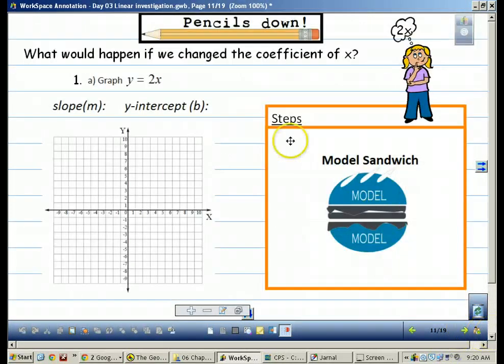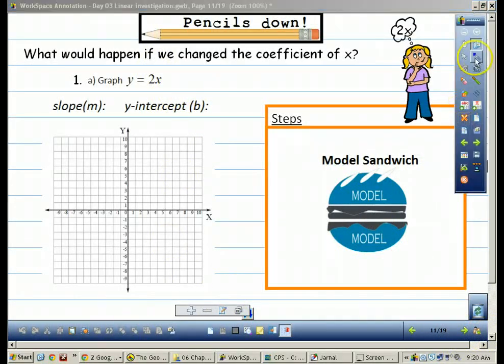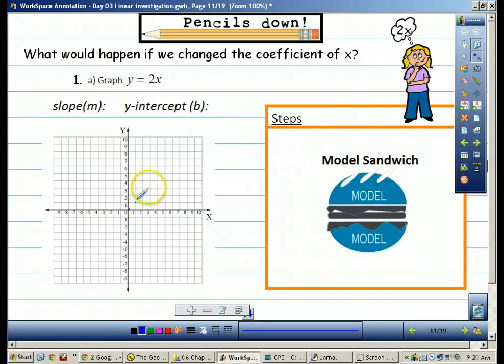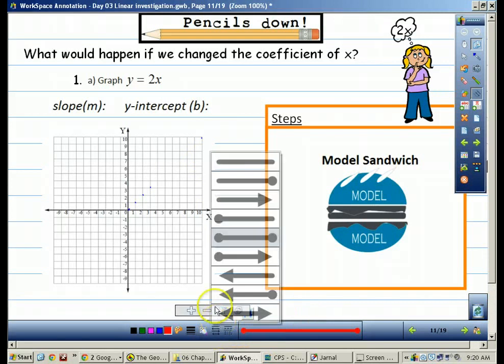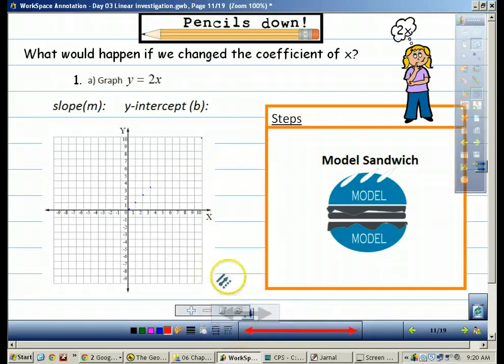All right. So you guys have already, this is the first one, you guys have already drawn your parent y equals x. Let me go ahead and get mine on here. And I want double arrows, always double arrows. Okay.